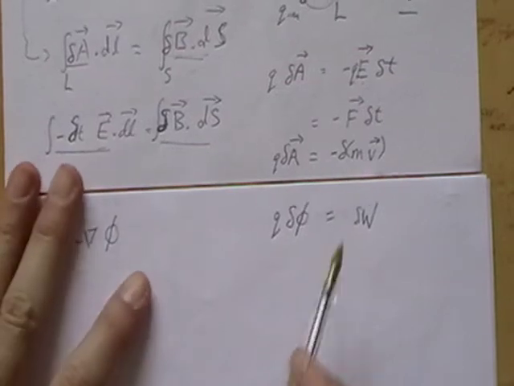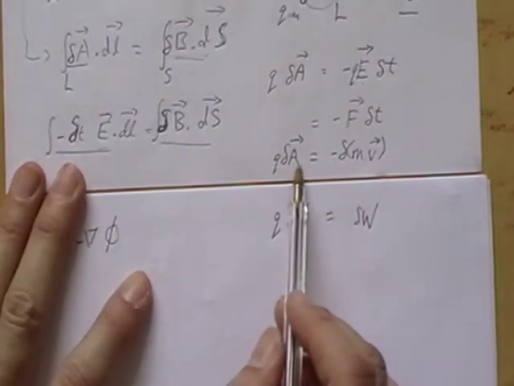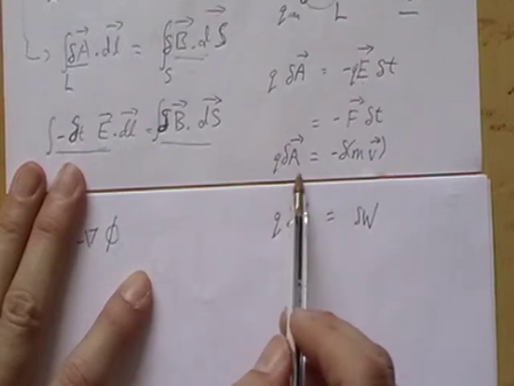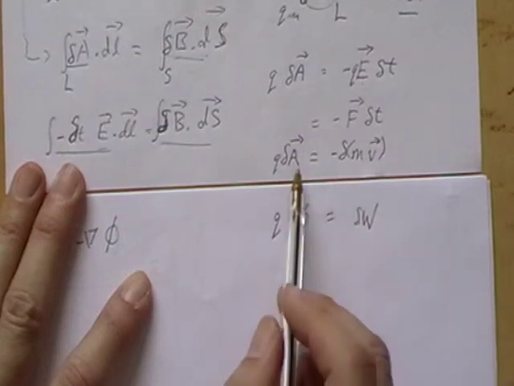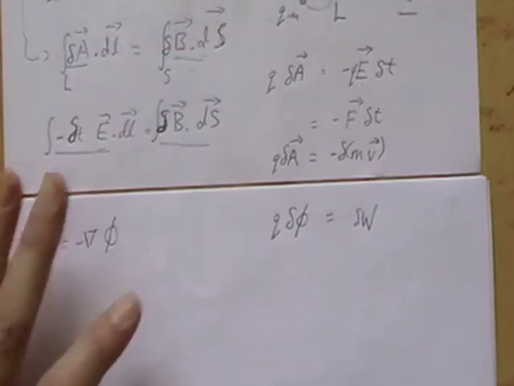So in the same way, we can think of the change in vector potential as the momentum given to the particle.